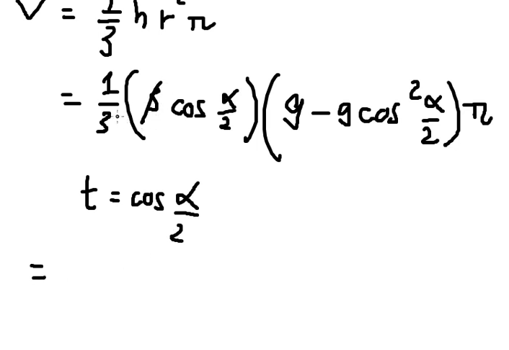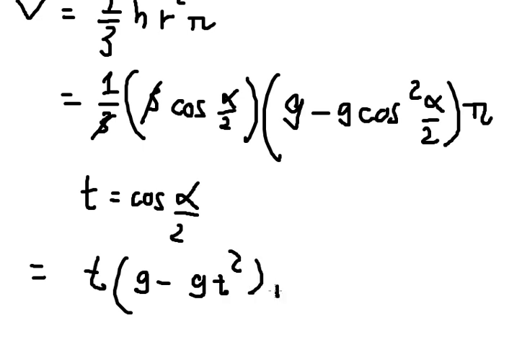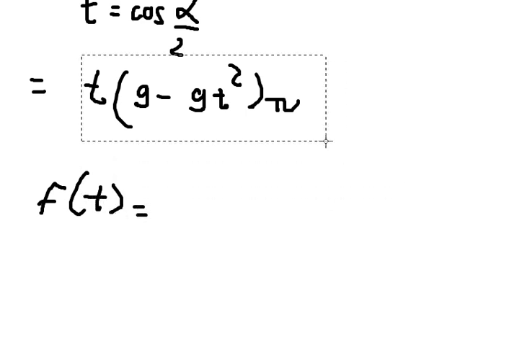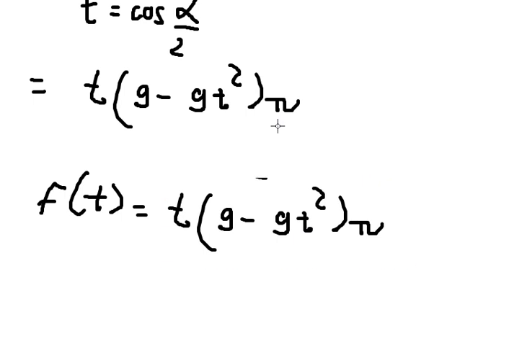So number 3 and number 3 I cancel. And this is t multiplied by 9 minus 9t squared times pi. So I will consider f of t in here, that is t multiplied by 9 minus 9t squared.